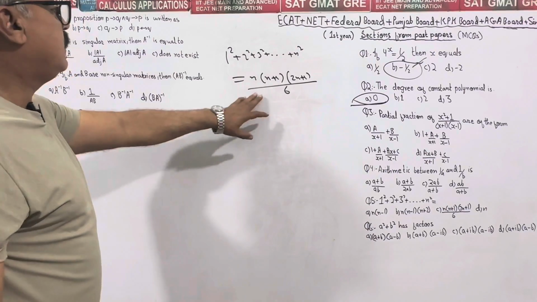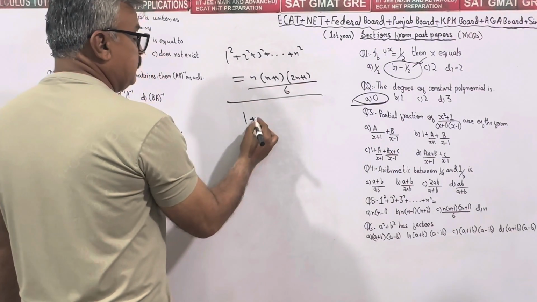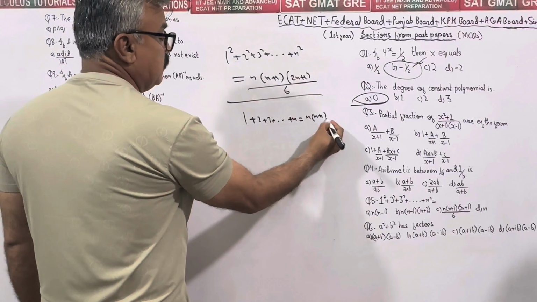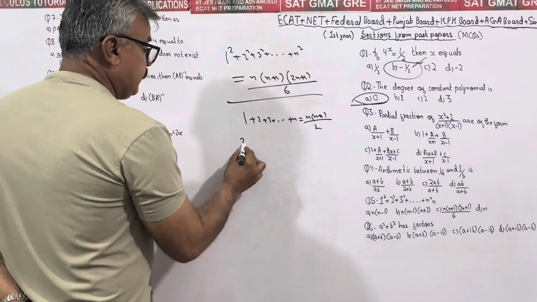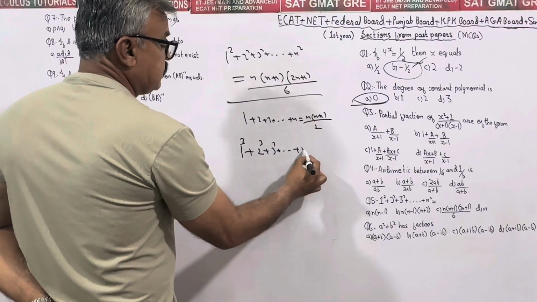The sum of the first n natural numbers, 1 plus 2 plus 3 up to n, is given by n times n plus 1 over 2. And the sum of cubes of the first n natural numbers is 1 cube plus 2 cube plus 3 cube and so on up to n cube.